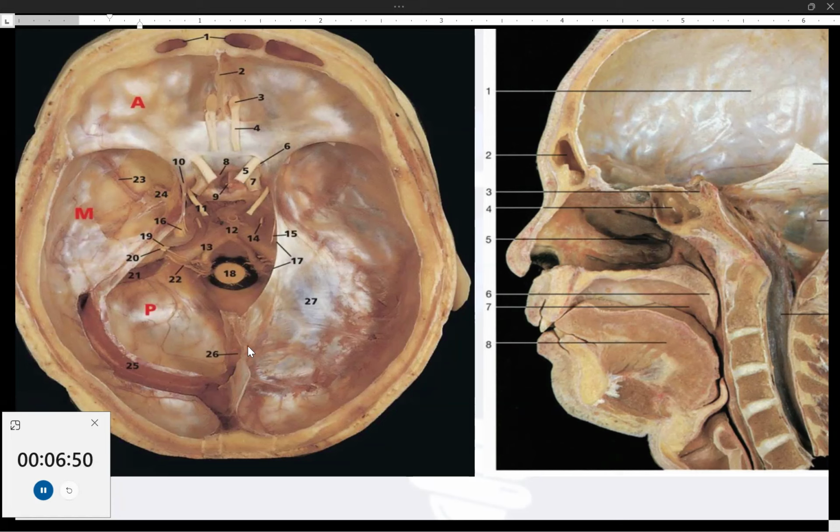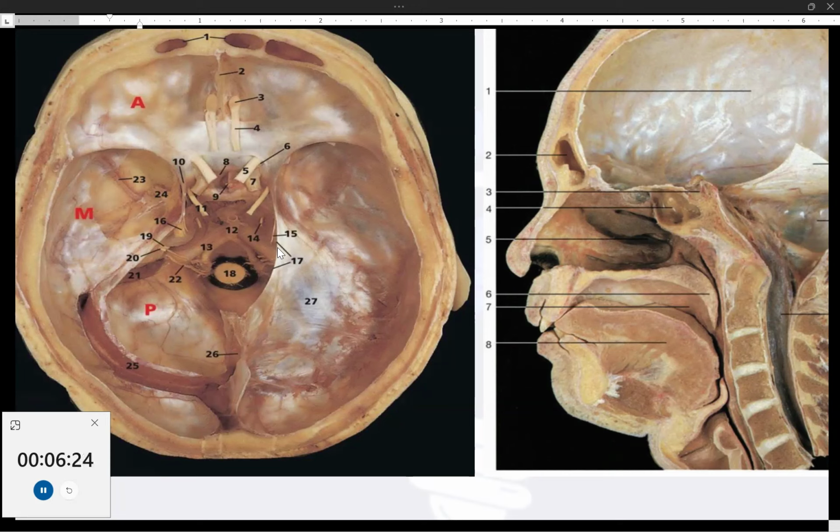Yes, falx cerebri, excellent. And what is this structure? This is tentorium cerebelli. Excellent. So the straight sinus is situated between the junction of falx and tentorium cerebelli. Excellent, doctor.